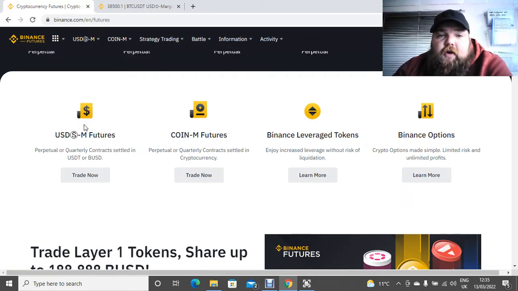Now you have two options here when you're trading futures. You have others, but the two main options are USDS-M futures or Coin-M futures. The USDS-M is going to be stablecoin trading futures, and Coin-M futures is going to be a cryptocurrency, like Bitcoin or Ethereum, as your base currency.